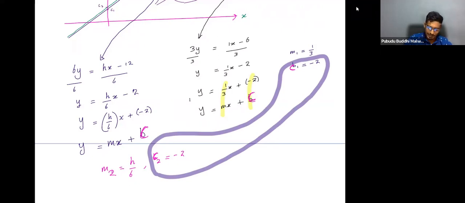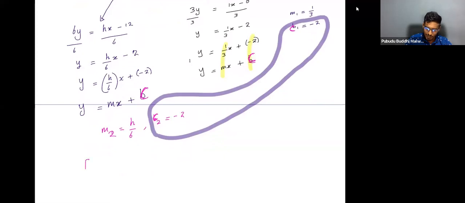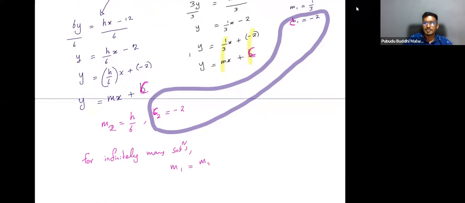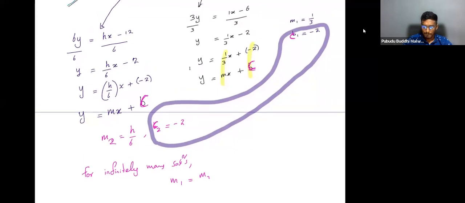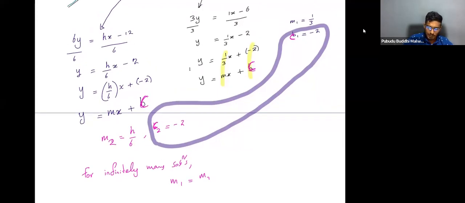Okay. So for infinitely many solutions, M1 should be equal to M2. Hence 1 over 3 should be equal to H over 6.